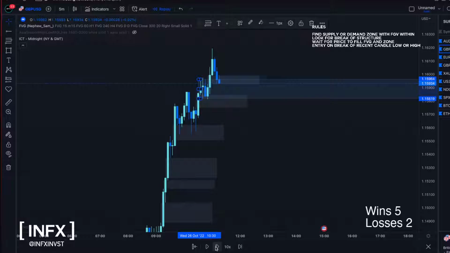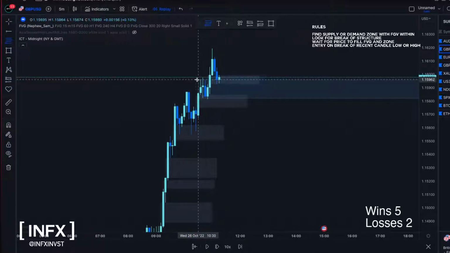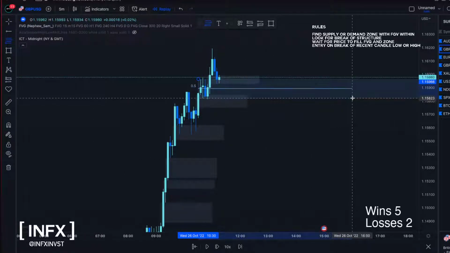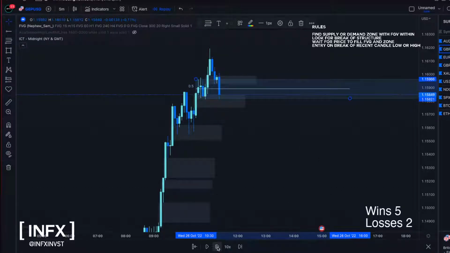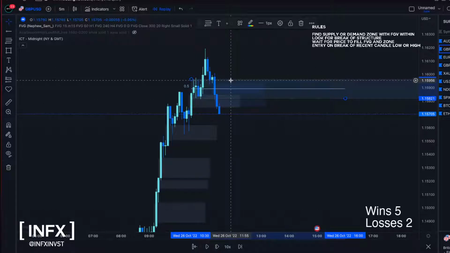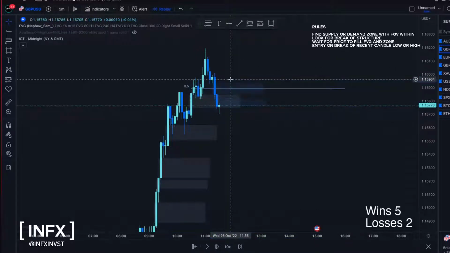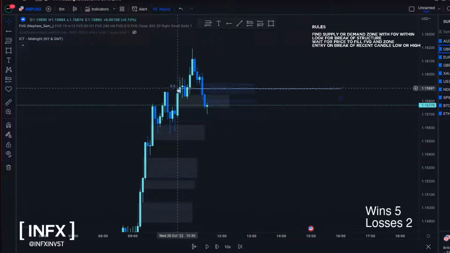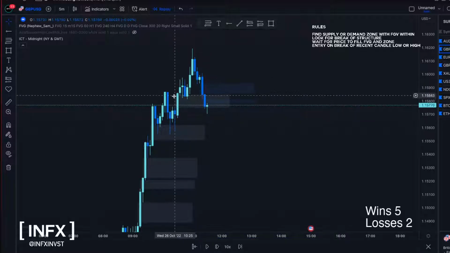Let's see what we get. Let's draw in our fib actually on this one. Our 50 mark fib. If we can hit the 50 mark fib. Okay, we blasted through. So no entry. That's great. That's fine.